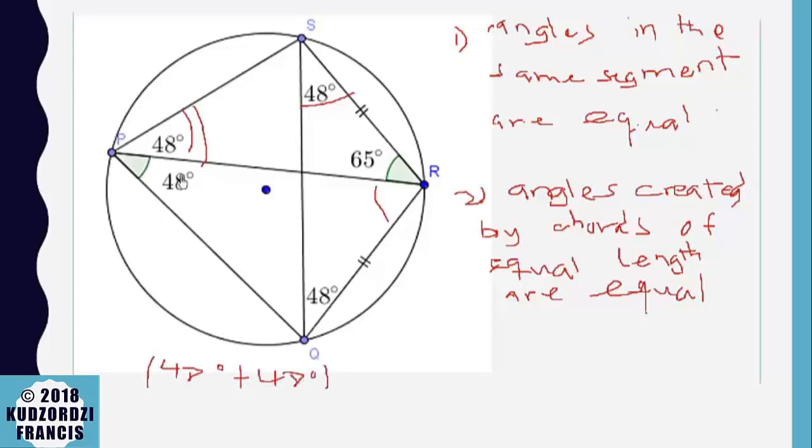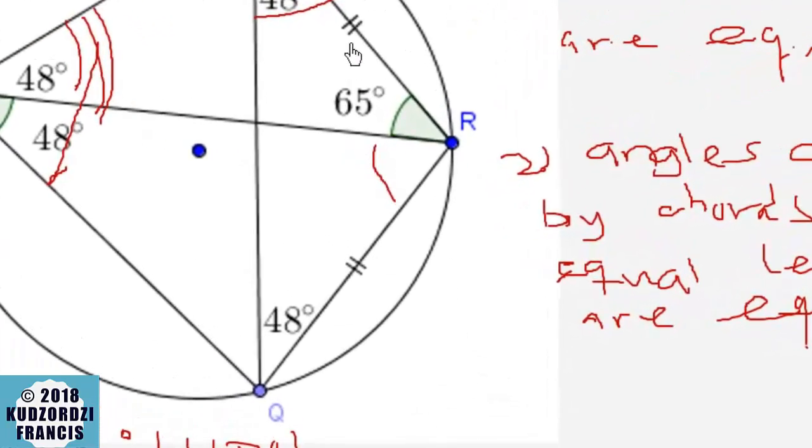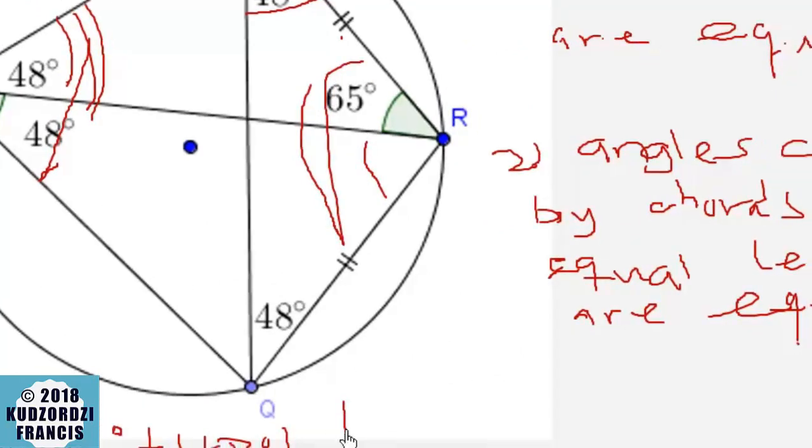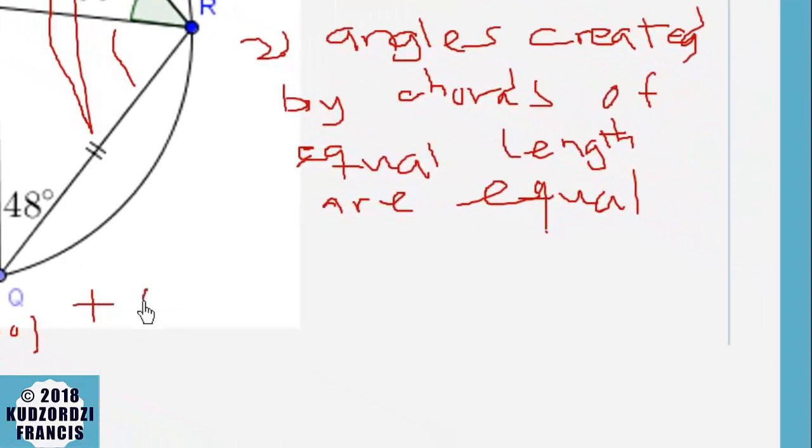So 48 degrees plus 48 degrees, plus all this angle over here, plus angle PRQ, will give us 180 degrees.